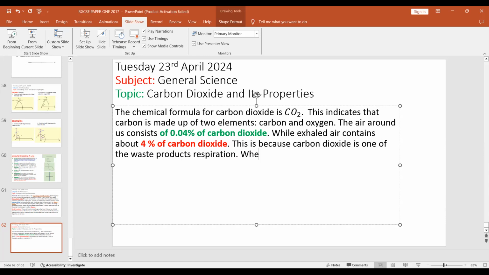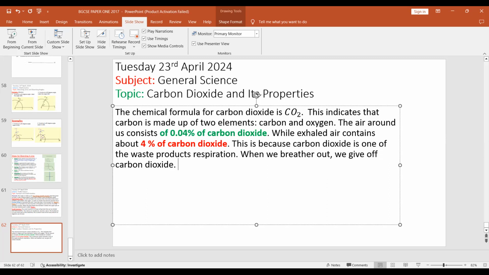So when we breathe out, we give off which gas? Carbon dioxide. Okay. So that's why exhaled air would have more carbon dioxide than inhaled air.